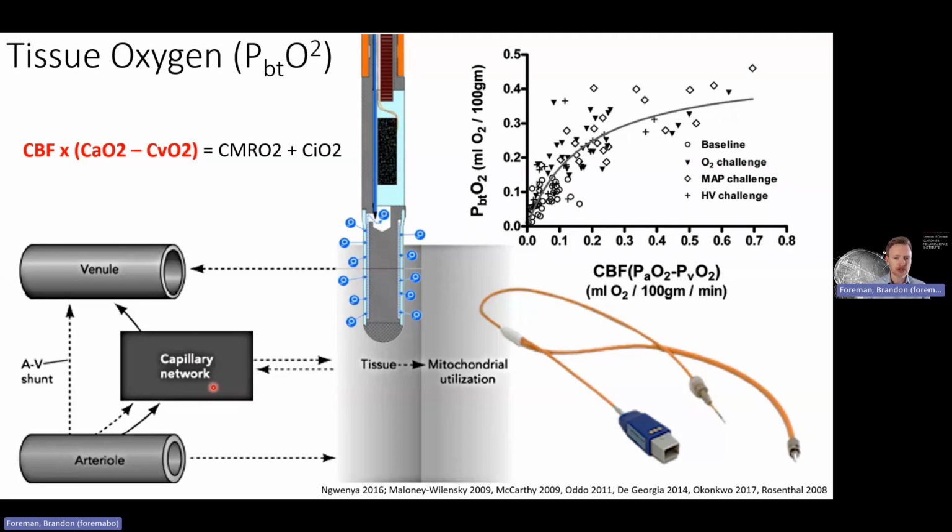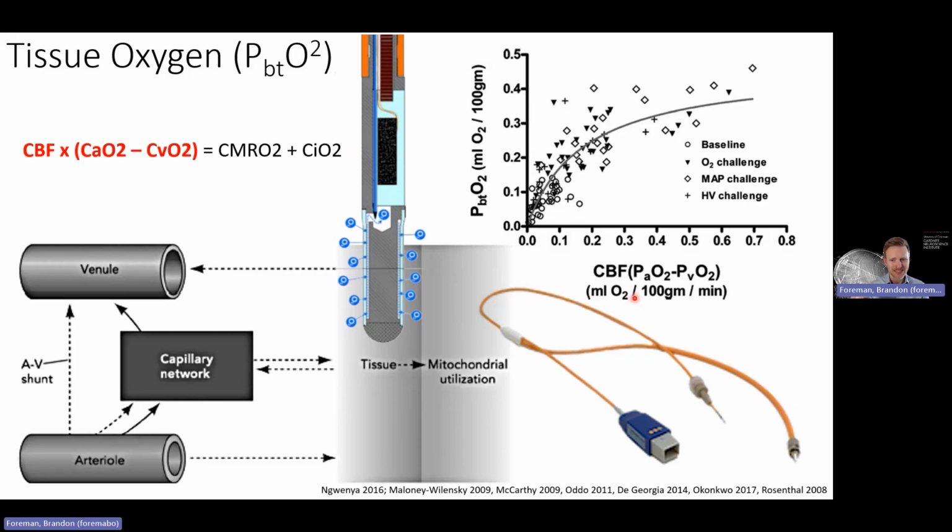And the brain tissue oxygen monitor that reflects this freely dissolved oxygen, that measurement has a nonlinear relationship with the oxygen within the blood coming into the capillary, or the PaO2, arterial pressure of oxygen, and the O2 that remains within the blood as it exits, the venous partial pressure of oxygen. And that difference is the AVDO2, the arterial venous difference in oxygen, and the rate at which that blood is flowing through the capillary bed.